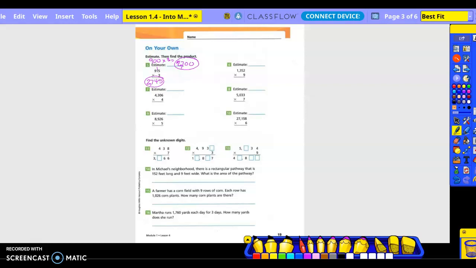Okay, 1,352. What am I going to estimate it to? 1,000 or 2,000? 1,000, because 3 is lower than 5. So I say the same, times 9 equals, okay, 9 times 2 is, carry the 1, 9 times 5 is, plus 1 is, carry the 4, 9 times 3 is, plus 4 is, put the 1, carry the 3, 9 times 1 is, plus 3 is, so 12,168.